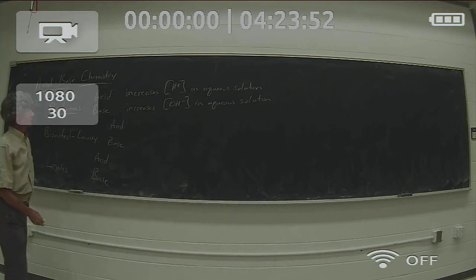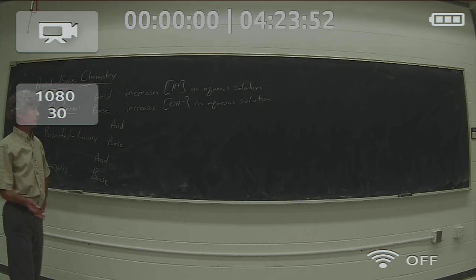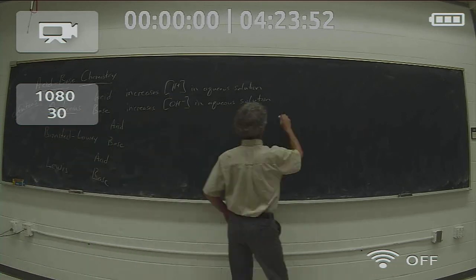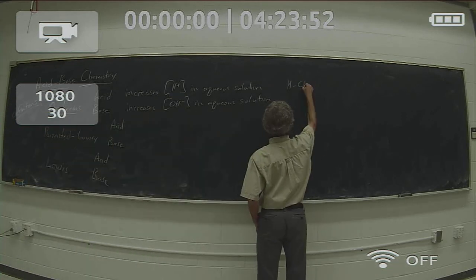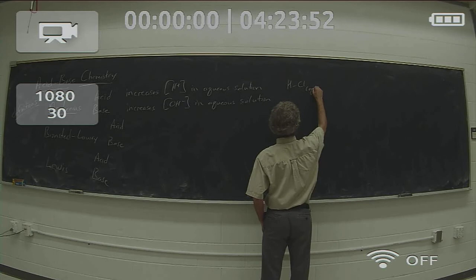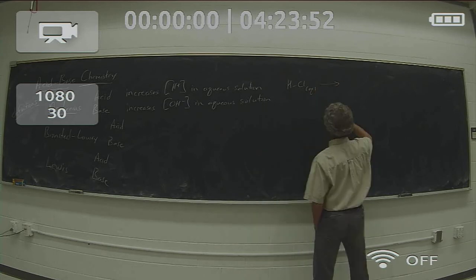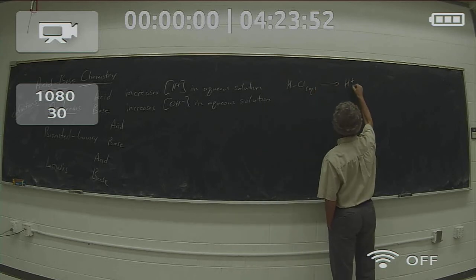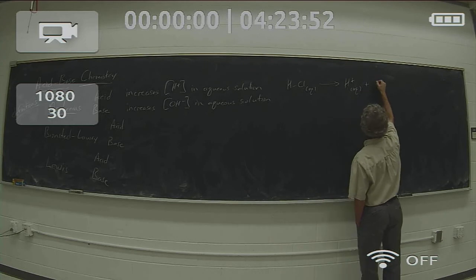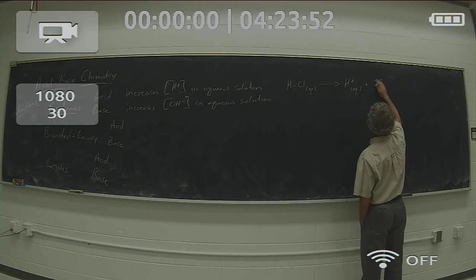It can increase the hydrogen ion concentration directly by donating a hydrogen. So hydrogen chloride, for example, when dissolved in water, completely dissociates to hydrogen ion and chloride ion.